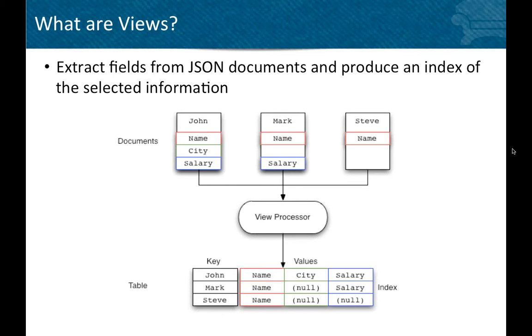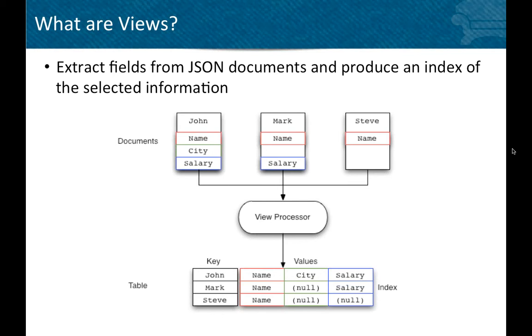So in this example, we have 3 people records that have different fields, and then the view processor is building an index that turns those into a table so that you can access the normalized form of the data via view queries.